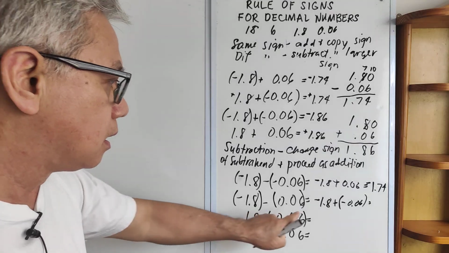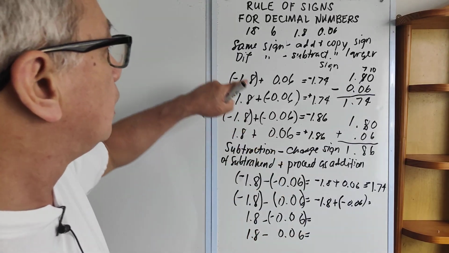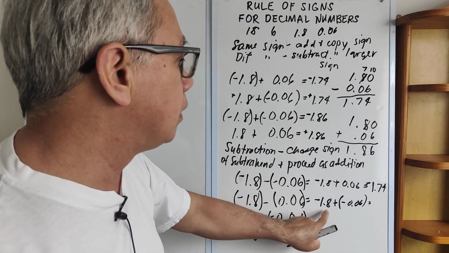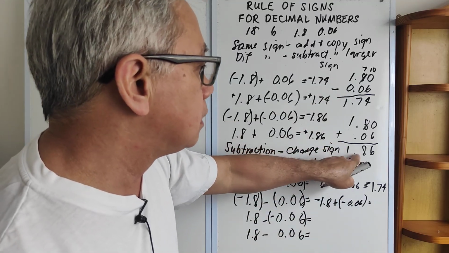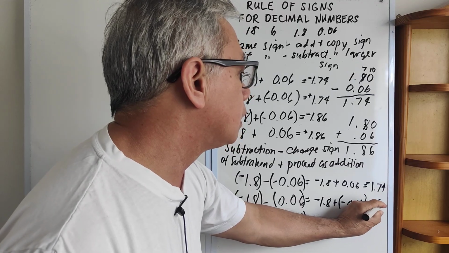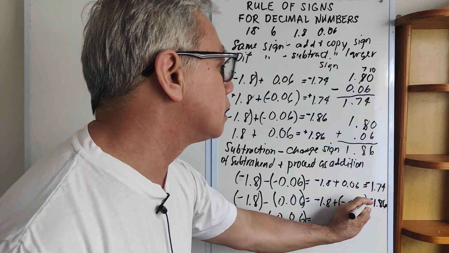So this is negative, this is negative. If we add this, they have the same sign, so we add and copy the sign. So we will add negative 1.8, negative 0.06. Here's the addition, 1.86. And then copy the sign. So this is negative.